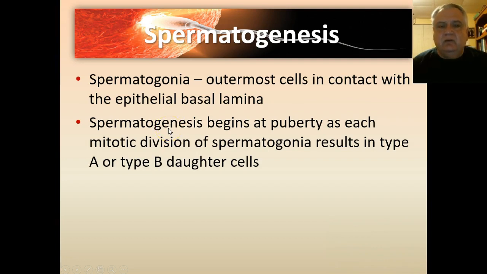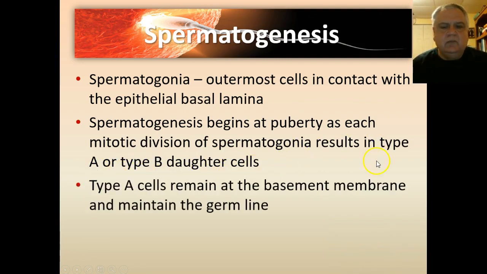So spermatogenesis, as we mentioned, is going to begin at puberty, and during that time, spermatogonial cells will begin to undergo mitotic divisions. These mitotic divisions will result in daughter cells. And we are going to label these daughter cells as either type A or type B daughter cells. The type A daughter cells will remain at the basement membrane, and they'll maintain the germline.